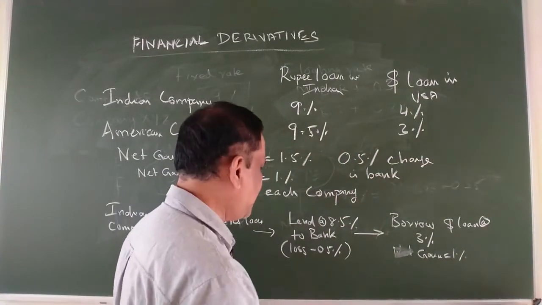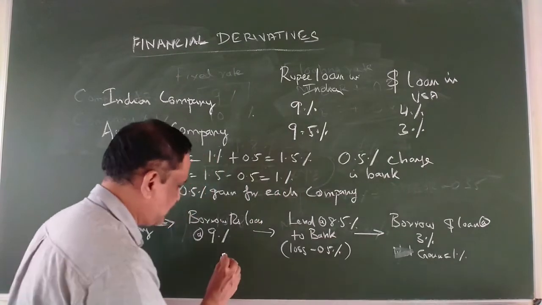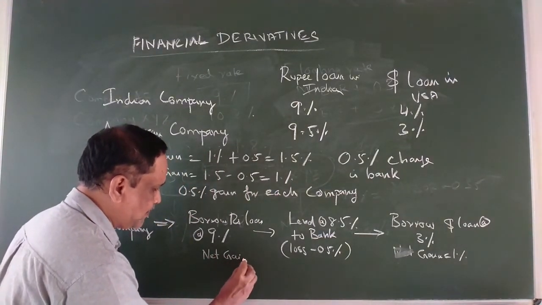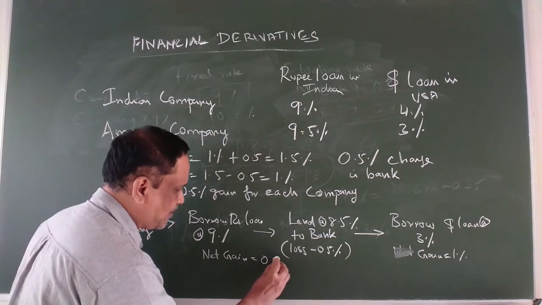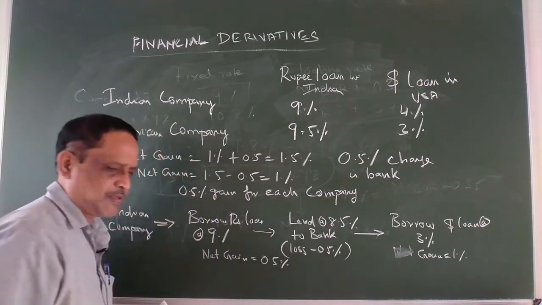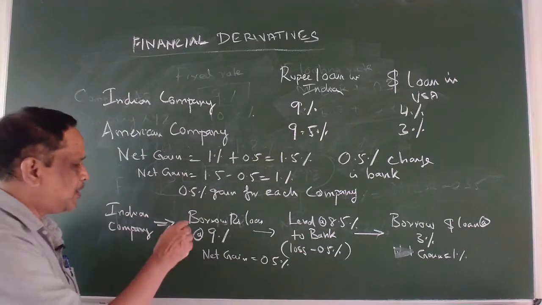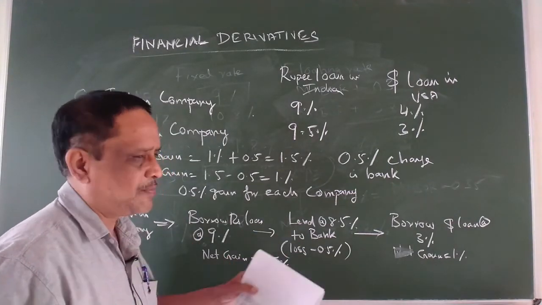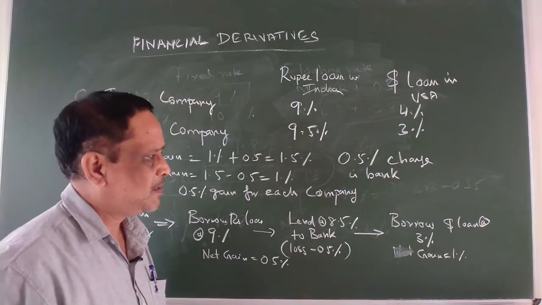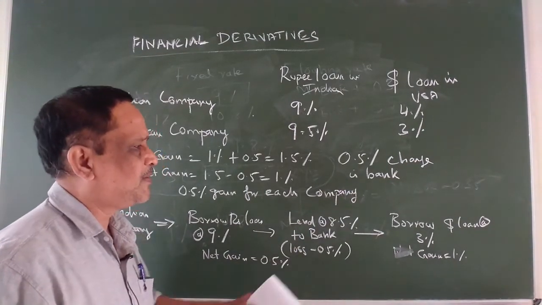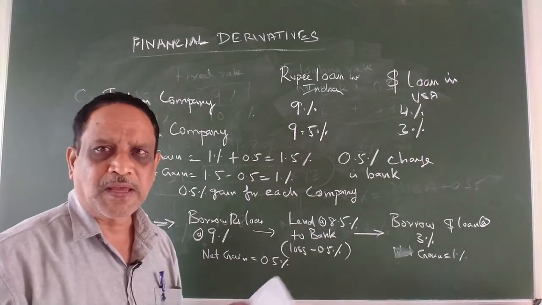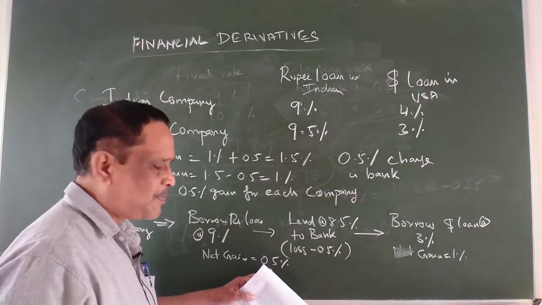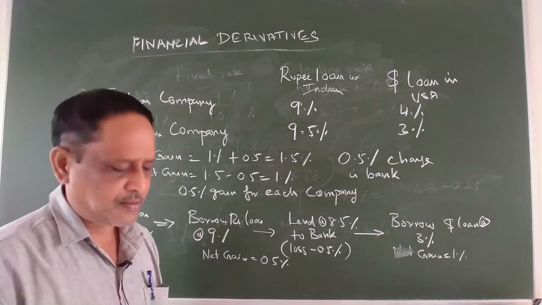So, the net gain will be 0.5%. So, the net gain for the Indian company is 0.5%. They borrowed at 9%, they give it at 8.5 percentage, thereby they make a loss of 0.5 percentage, but the dollar loan is taken at 3 percentage, so they gain 1 percentage. Their net gain is 0.5 percentage.